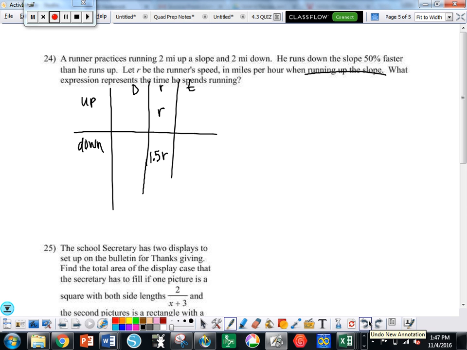Now, how far did he go? 2 miles, ran 2 miles, then ran 2 miles back. If distance equals rate times time, time equals distance over rate. So to write an expression here, I'm going to say 2 over R, and then 2 over 1.5R.